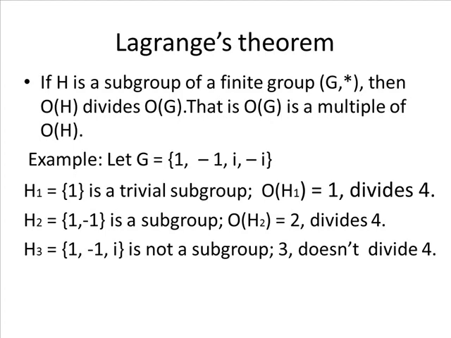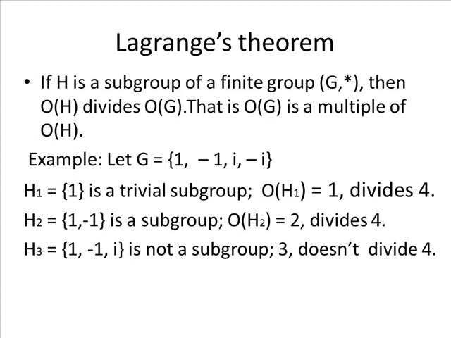On the other hand, look at the last example. H3 has 3 elements, 1, minus 1 and i. This subset is clearly not a subgroup for the simple reason that it is not closed. Minus 1 and i, when you operate both, the result of the operation, minus i, is not present inside the set. So this doesn't qualify to be a subgroup. But you can do a simple verification of the same thing.